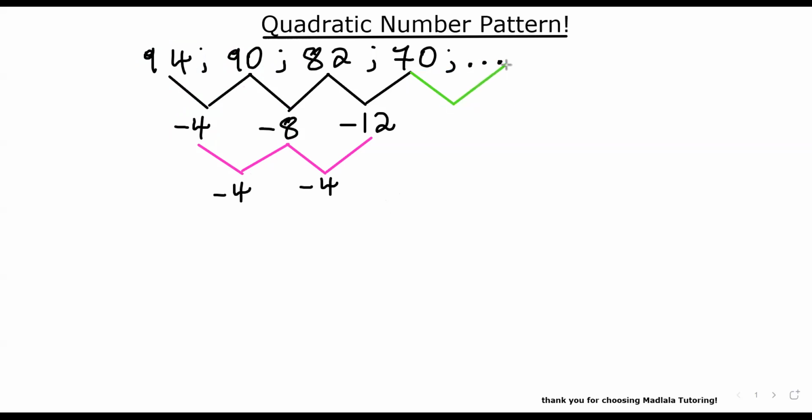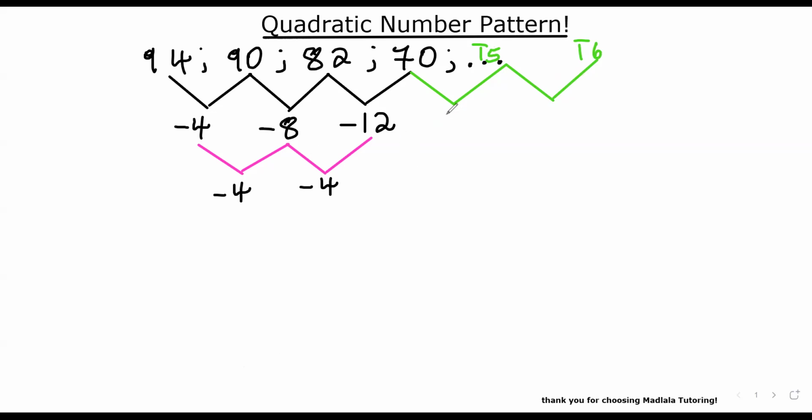But it's also going to continue. Here it's going to be term number 5, and here it's going to be term number 6. And this is the difference between term number 5 and 70, and this is the difference between term number 6 and term number 5.